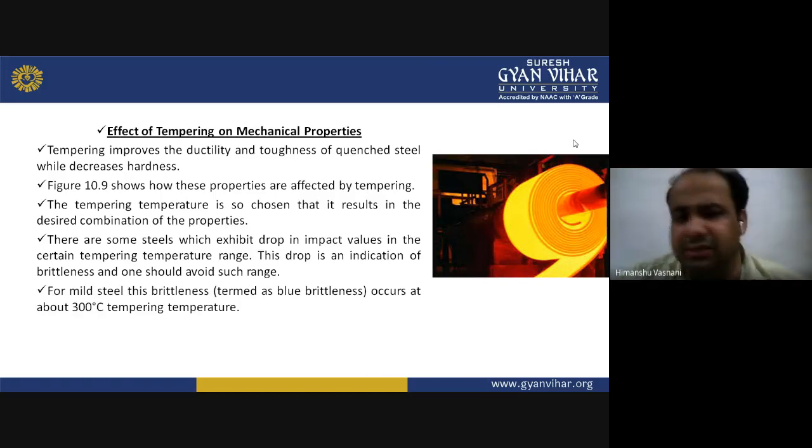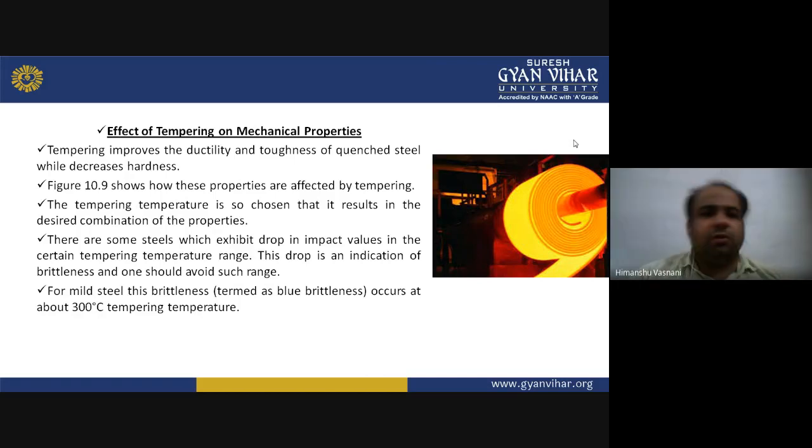There are some steels which exhibit a drop in impact values in a certain tempering temperature range. This drop is an indication of brittleness and one should avoid such ranges. For mild steel, this brittleness, termed blue brittleness, occurs at about 300 degrees centigrade tempering temperature.